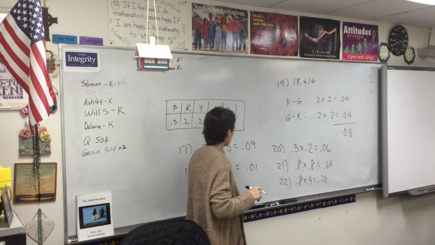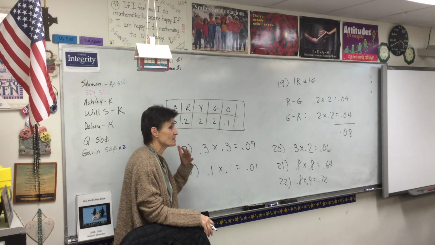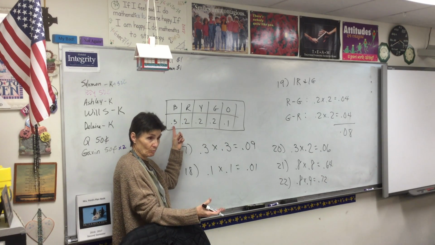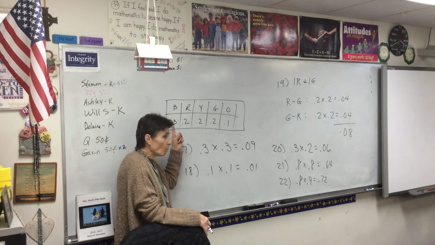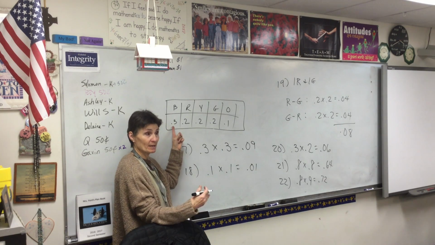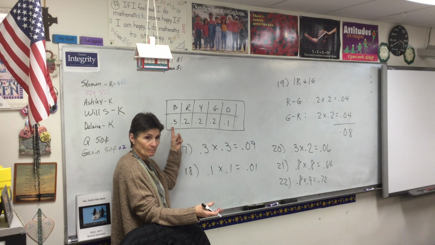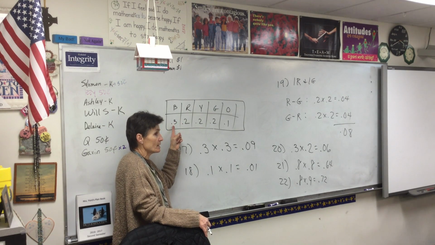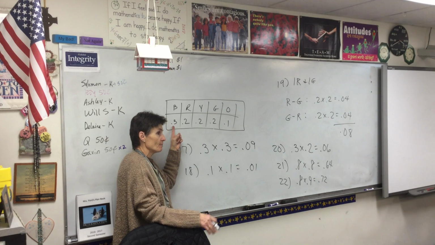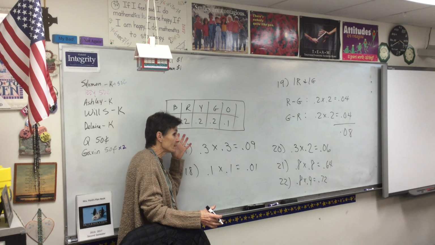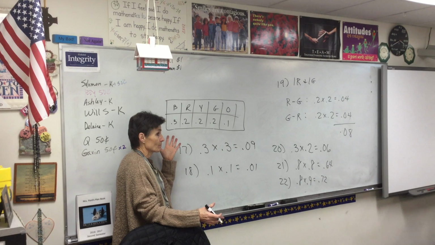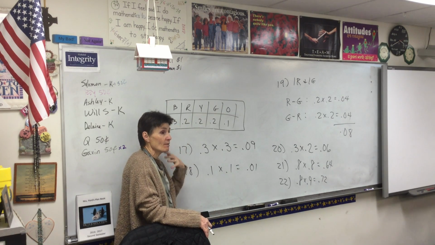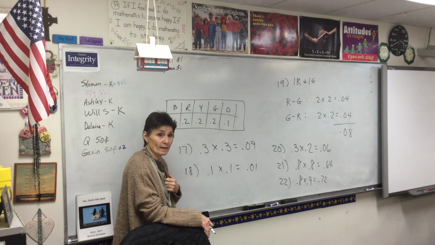And if the chart gives you the probability of something, for example, the probability of brown is 0.3, then you can always calculate the probability of not brown by subtracting from 1. So if the probability of brown is 0.3, then the probability of not brown is 0.7, right? If the probability of green is 0.2, then not green would be 0.8.